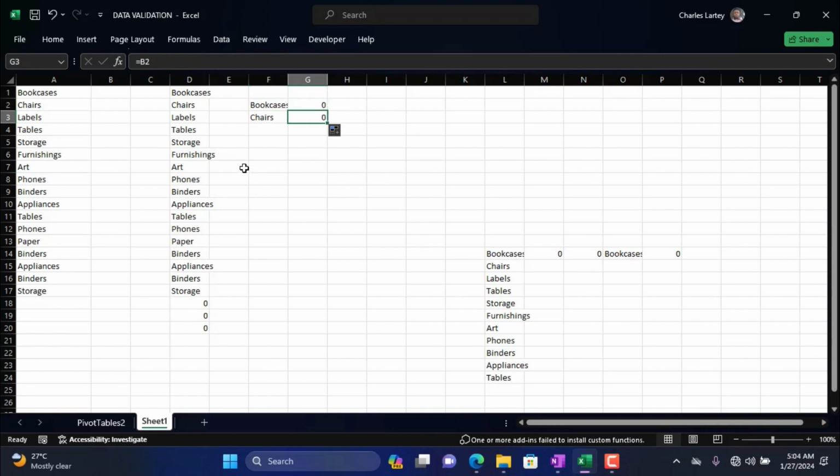I come down, it is B2. So when you move here, the column will change, and when you move down, the rows will change. So this is the relative cell referencing, and if you want these, let's say the columns, to remain without changing, then you have to introduce the absolute cell referencing.